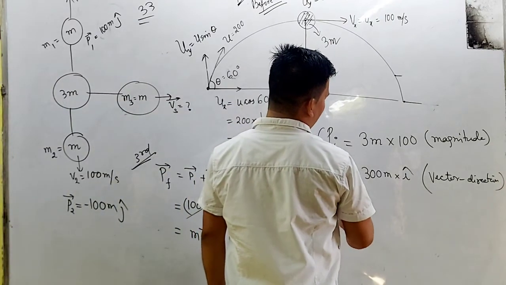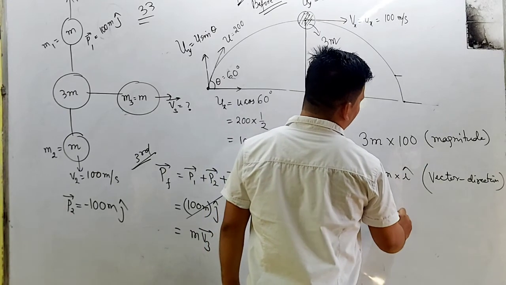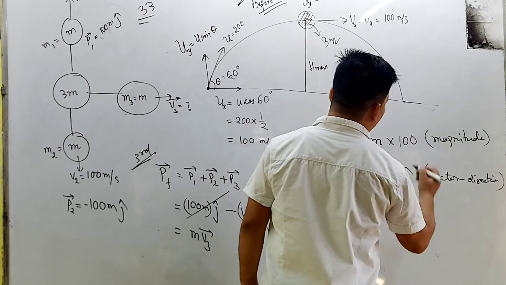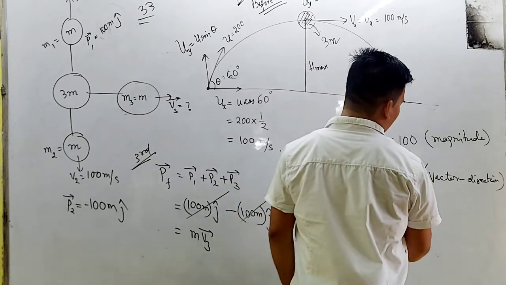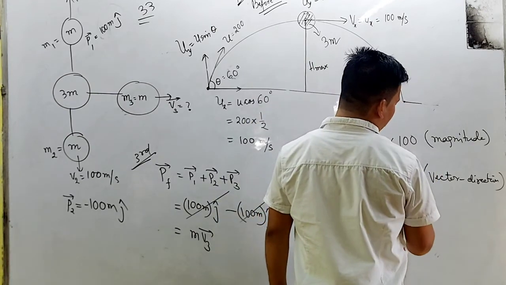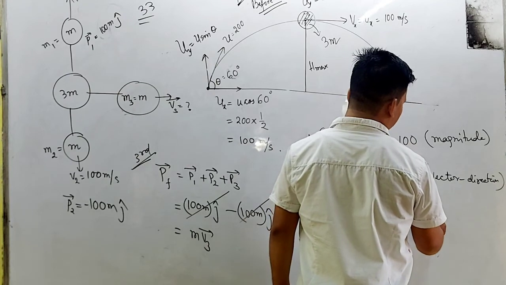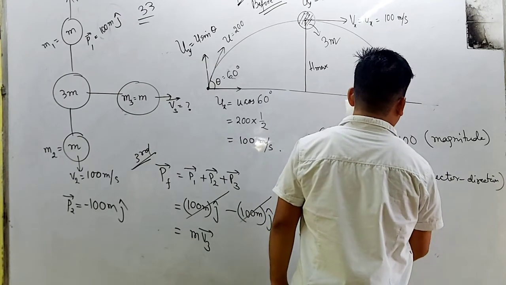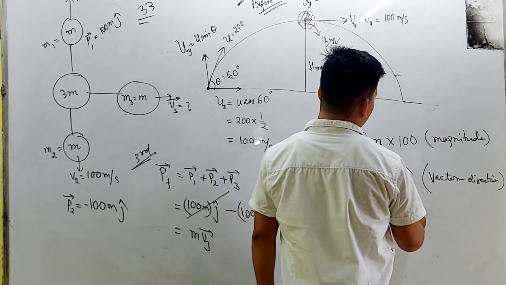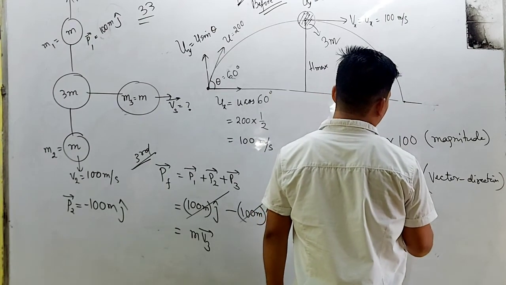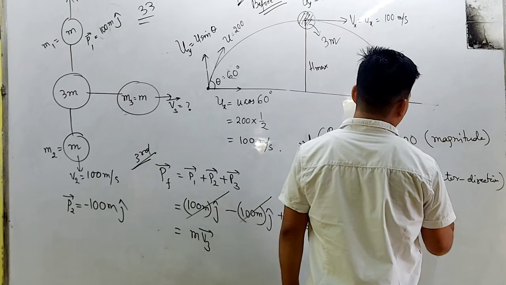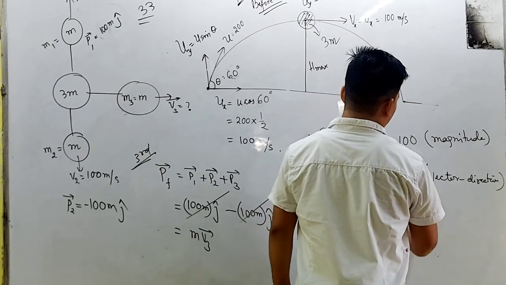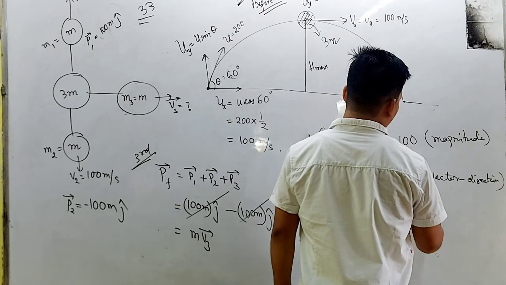Using conservation of linear momentum, pf will be equal to pi. Opposite direction, we have minus. So pf vector is equal to pi vector.